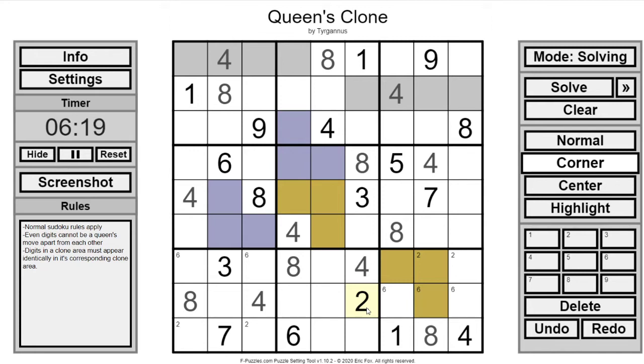Not sure what I do with that information. Something kind of interesting is that this can't be a 2 because that would kill all those possibilities. I think that's all we can get. Yeah, I don't see much else.